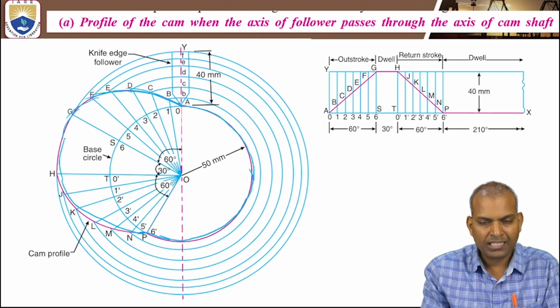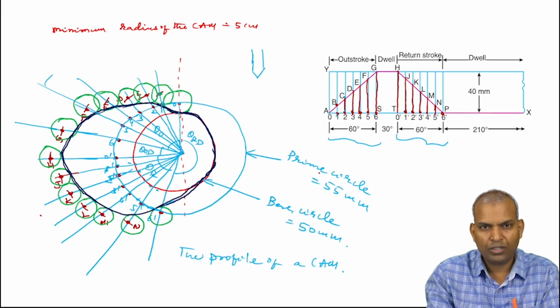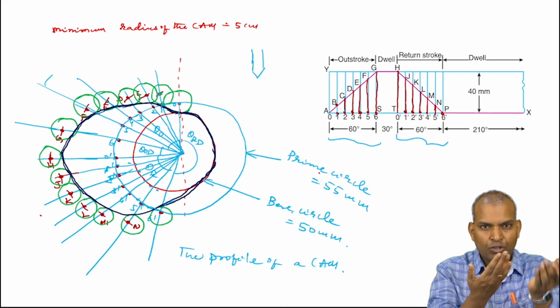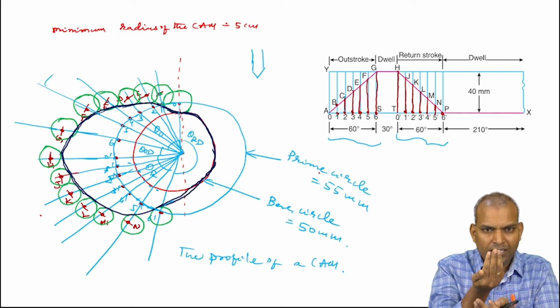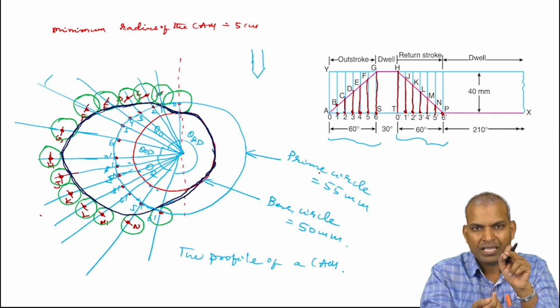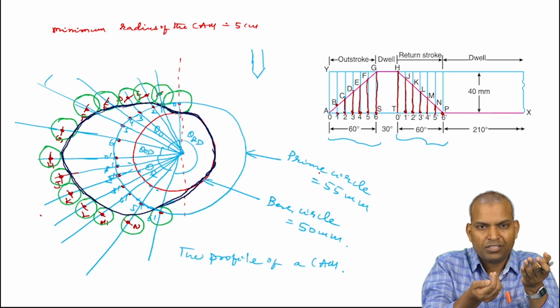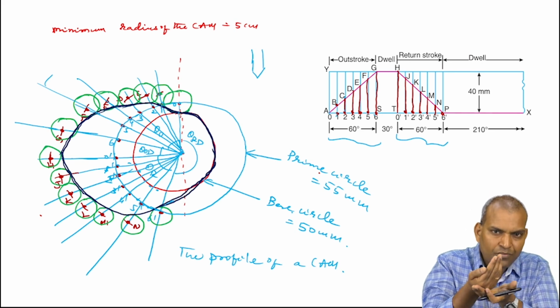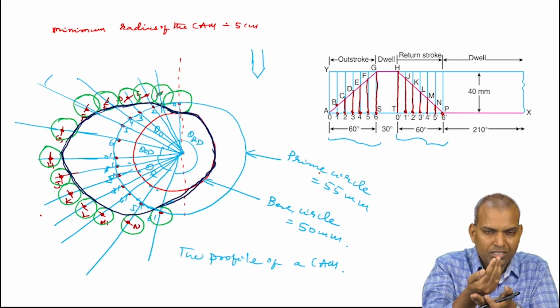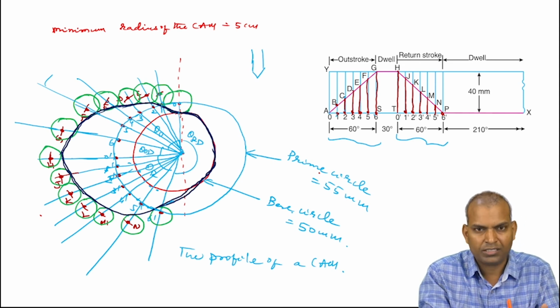But what is the contact point here? In the case of the roller follower, it is the surface of the roller. That means we are not passing through the center of the roller; the contact surface is the surface of the roller. That's why we have drawn the freehand sketch touching the surfaces of all the rollers.